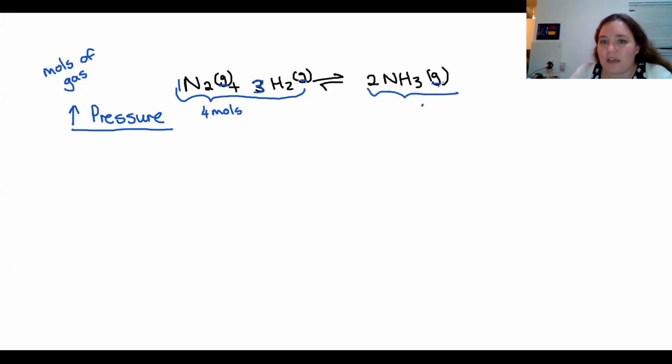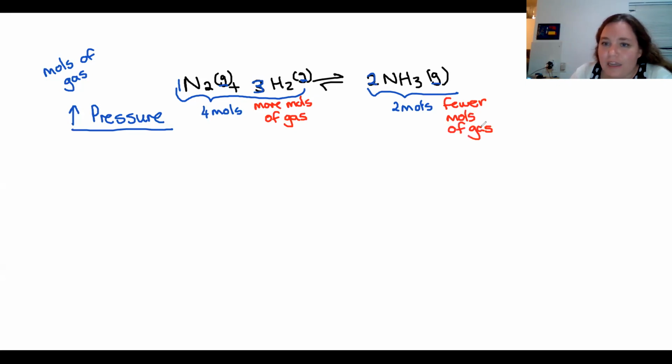On the product side, I have only got 2 moles of gas. So what we can say here is the starting material side has more moles of gas. And please don't ever just say more moles, it's got to be of gas. And the products have fewer moles of gas.